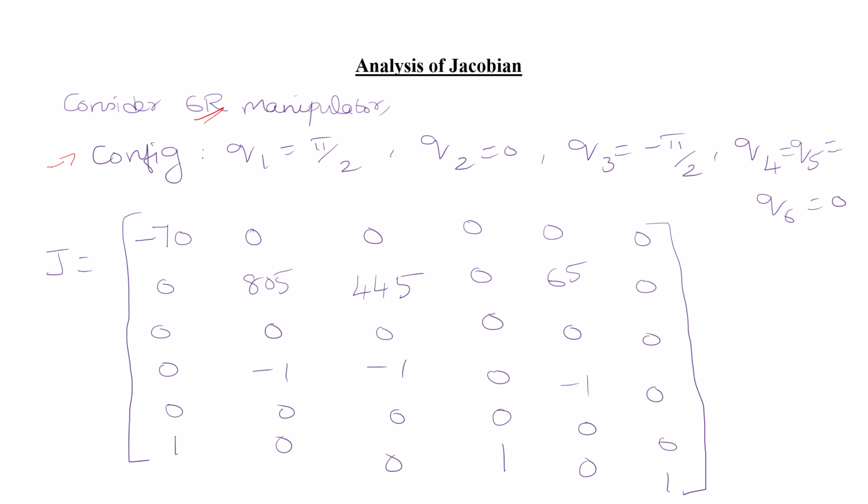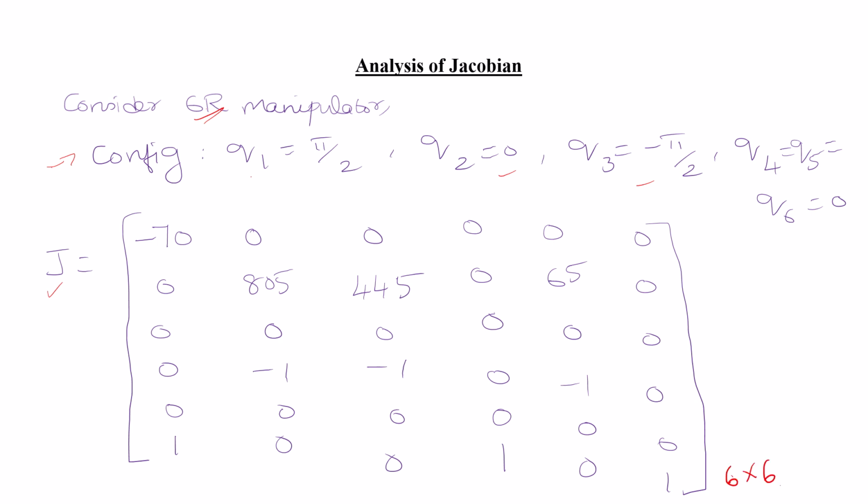Let us say the joint configuration is q1 equal to pi by 2, q2 equal to 0, q3 equal to minus pi by 2, and q4, q5, q6 are equal to 0. For this particular joint configuration, the Jacobian matrix that we have obtained is this matrix. The size of the matrix is 6 cross 6.